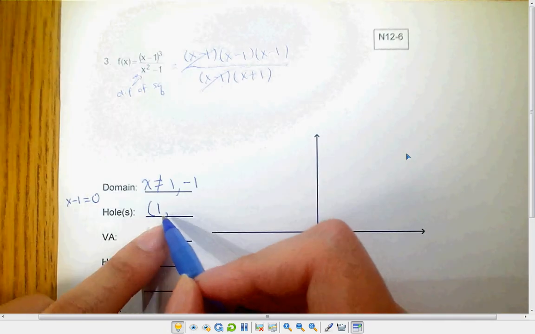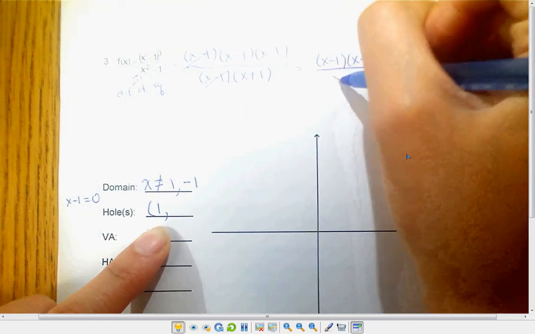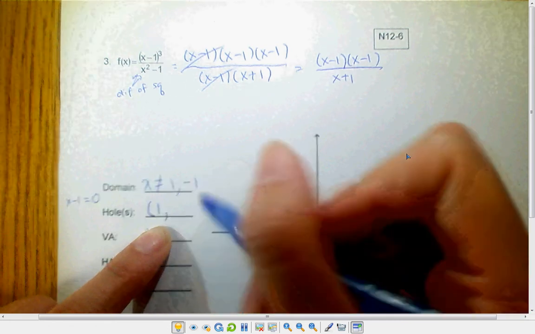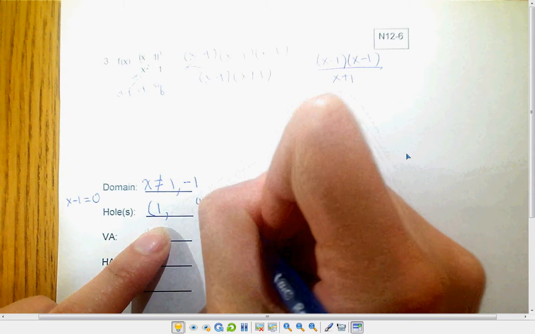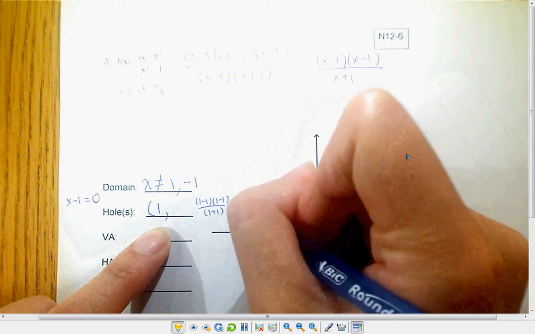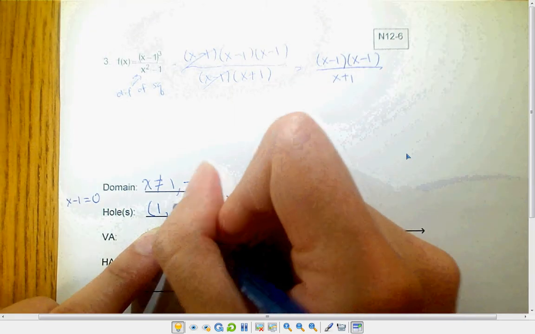And to figure out what our y value is, we're just going to plug it back into our new equation. So our new equation is the one after we crossed it out. So it's now x minus 1 over x plus 1. So if I plug in 1, it's going to give me 1 minus 1, 1 minus 1, 1 plus 1, which is 0 times 0 divided by 2, which is just 0, because 0 divided by any number is 0.